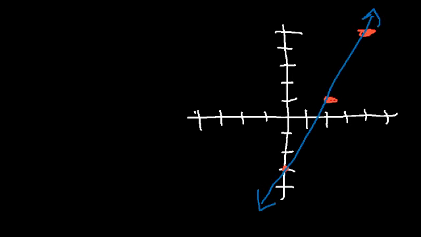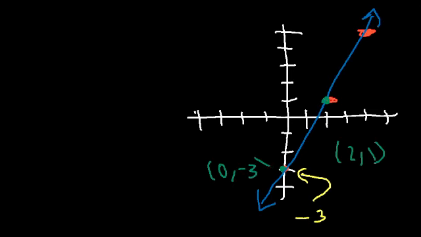What would you do? The first thing I would do is look for the y-intercept. Notice that the y-intercept is negative 3. The second thing I would do is calculate the slope from the graph. So I would identify 2 points that I know for sure what the x and y value are. So for this one, I could see that x is 2 and y is 1. And for this point, it's 0, negative 3.